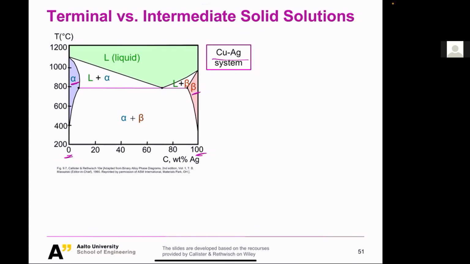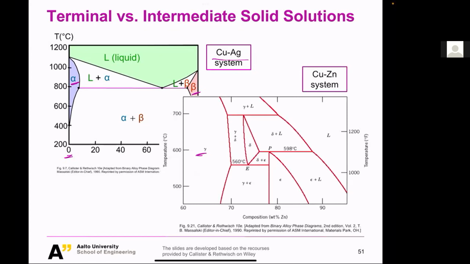And you know, we have terminal solid solutions, then we have some intermediate solid solutions. So this is a diagram I'm showing you with the copper and zinc system. So it is much more complicated. I'm not showing you the full diagram over there, but you can see the gamma here is the so-called terminal solid solution.